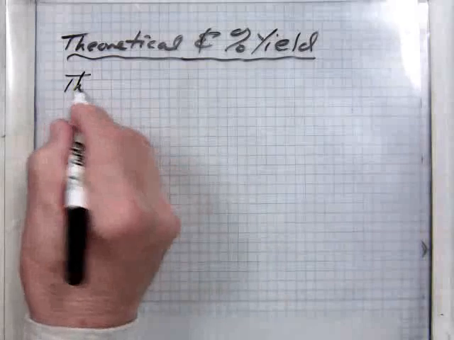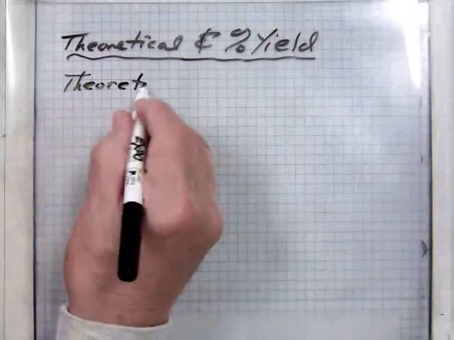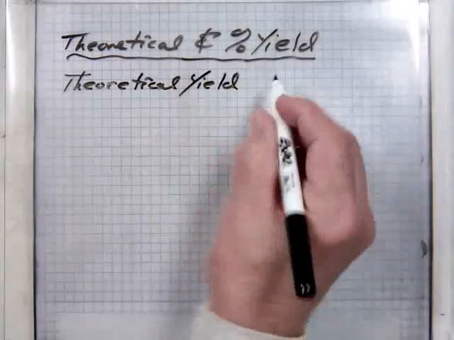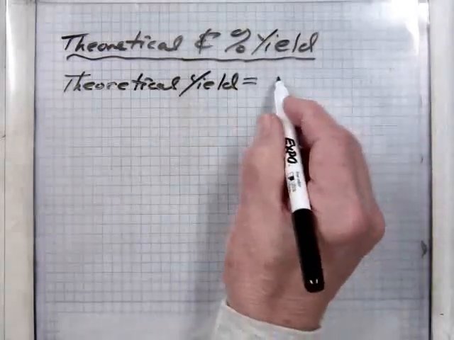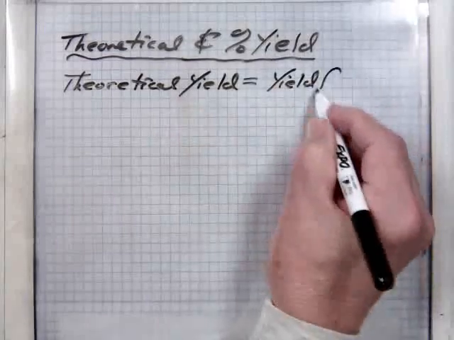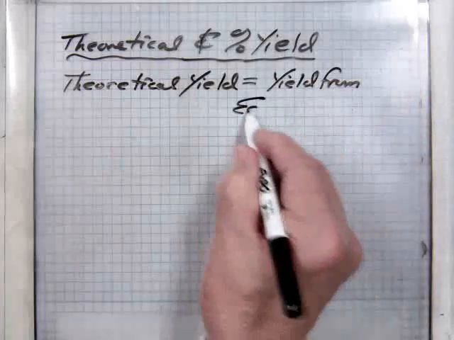Theoretical yield is the yield from equation stoichiometry.